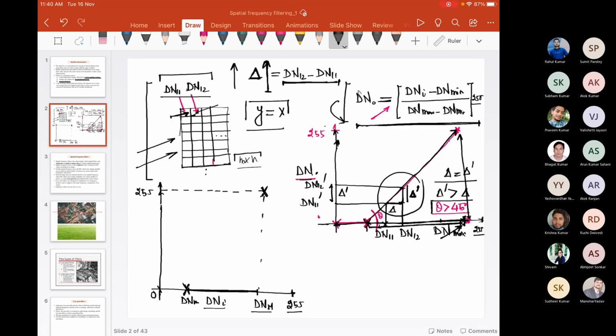In the previous case, the linear transfer function is used, but it can be non-linear, like it could be like this. Let me use a different color to plot it.